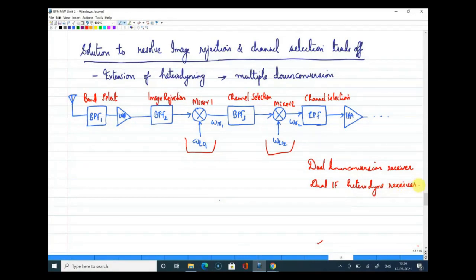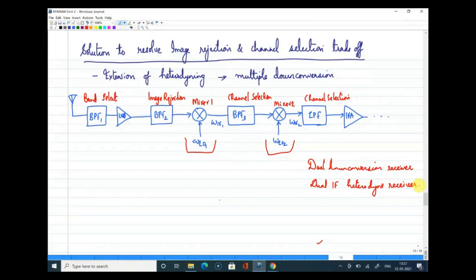All right. So let us understand the structure carefully. Initially, we have a bandpass filter, then LNA. Then you have the first image rejection, and after that there is a mixer. But we will choose the local oscillator frequency of the mixer in such a way that omega IF is large enough. All right. Now then we will have the first band pass filter, which is a channel select filter.